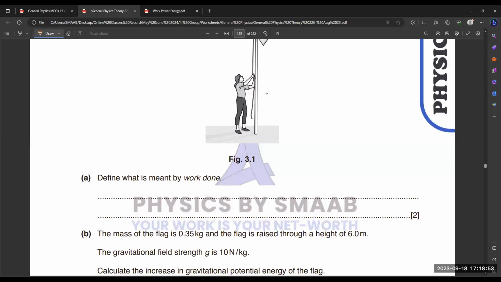So the next mark is for you can just simply write product of force and displacement or distance. And the second point is for the direction, right? The concept of direction. If you want to explain in detail, it's up to you. Otherwise, if you just write product of force and displacement, that is also fine.